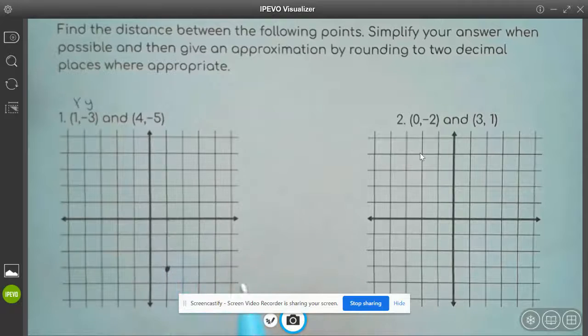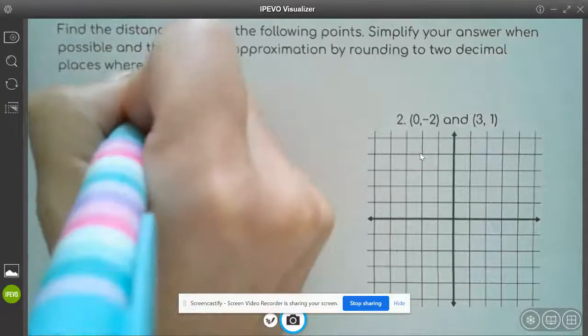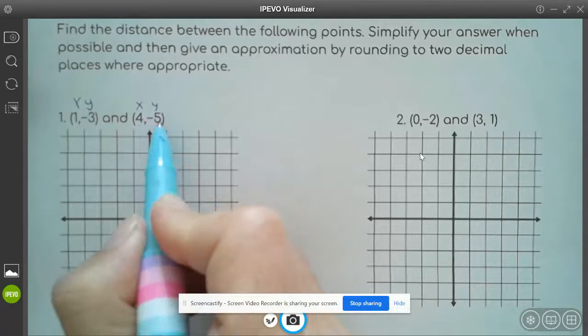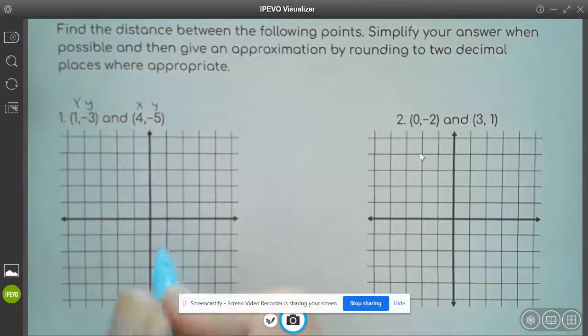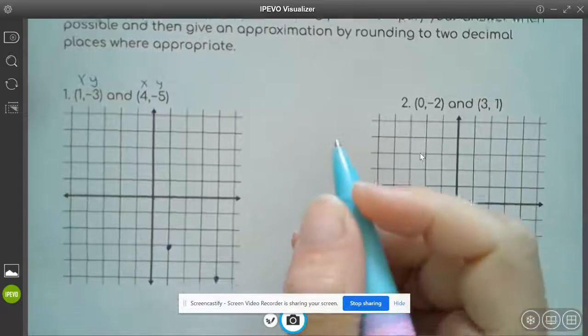So the first point is right here. The second point is 4 and -5. So this is x and y. So 4 to the right and -5 down, right? So 5 down. So we're going to go 4 to the right, 1, 2, 3, 4, 5 down. 1, 2, 3, 4, and 5. So that's my point right there.